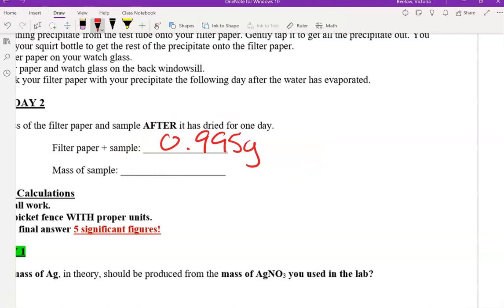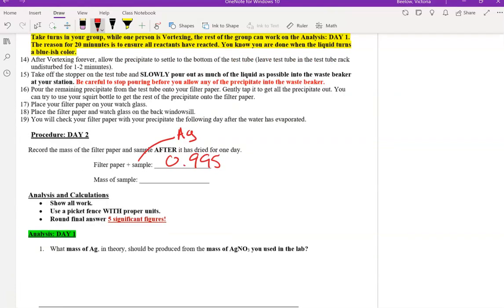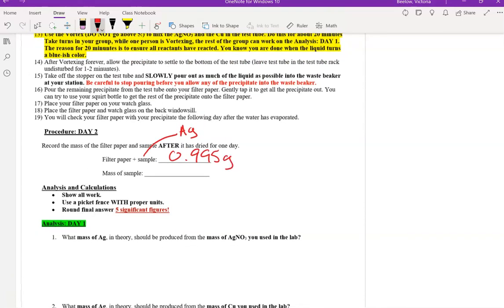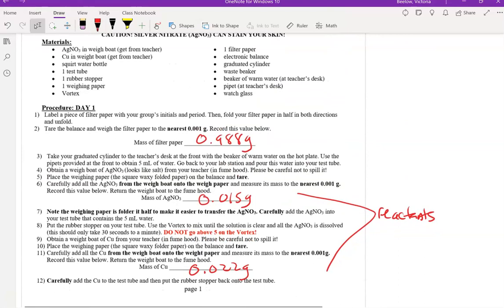So think about what you have to do mathematically. If this is your filter paper with the sample, again, your sample is the silver that we're going to be weighing. So if you have the filter paper and the silver, which is your sample, you have the mass of that. This is in grams. And you have the mass of the filter paper.